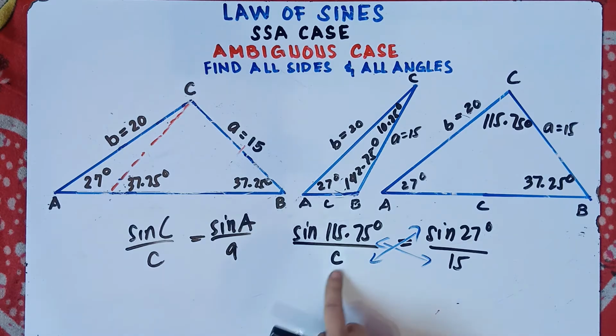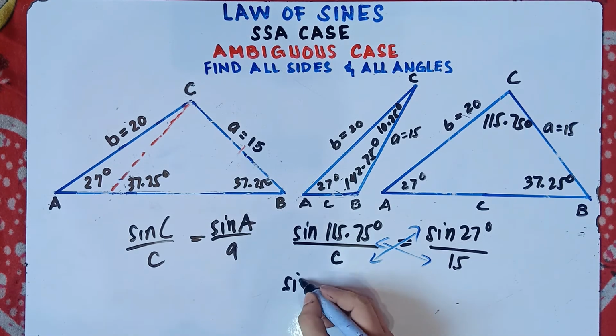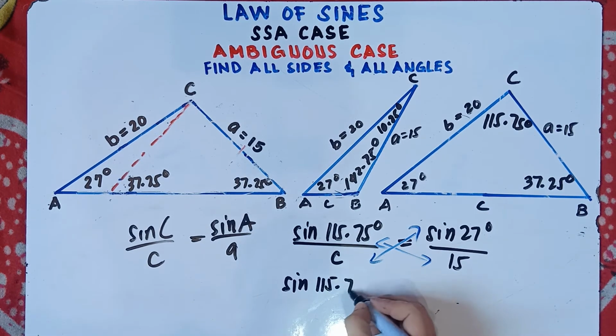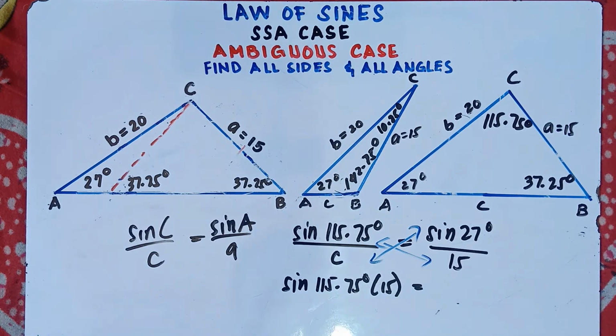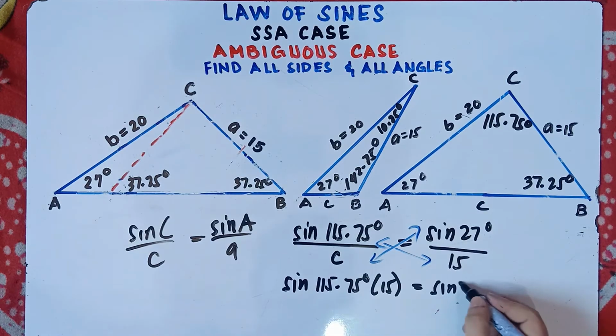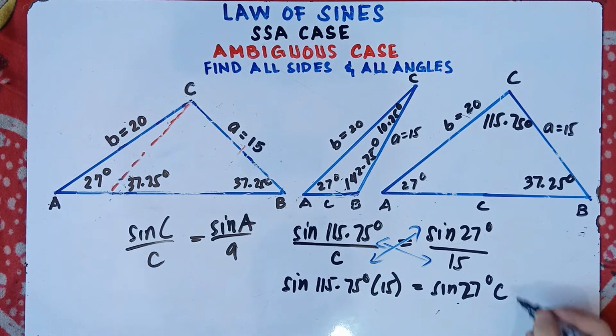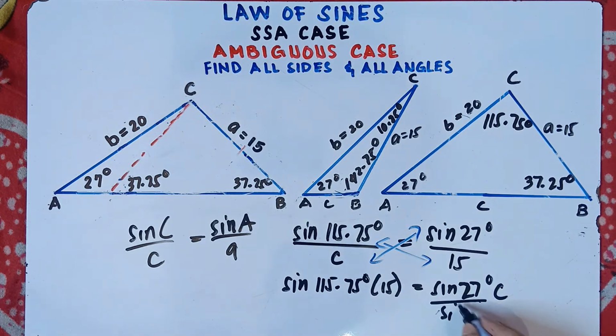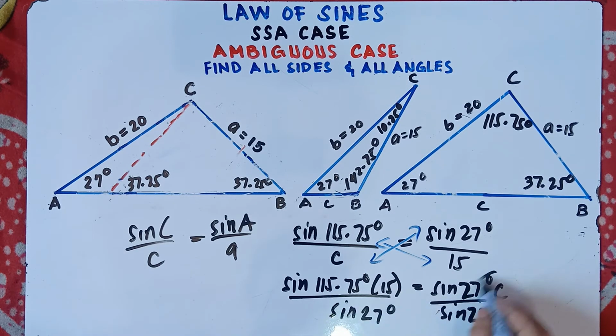Sine 115.75 degrees times 15 equals sine 27 degrees times C. Then to get the value of C, divide both sides by sine 27 degrees, cancel this out, and simply use your calculator.